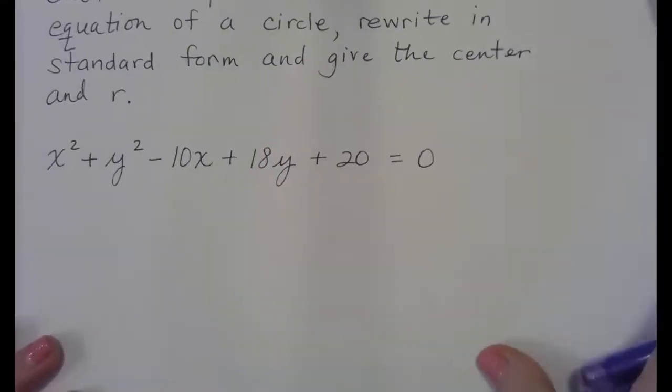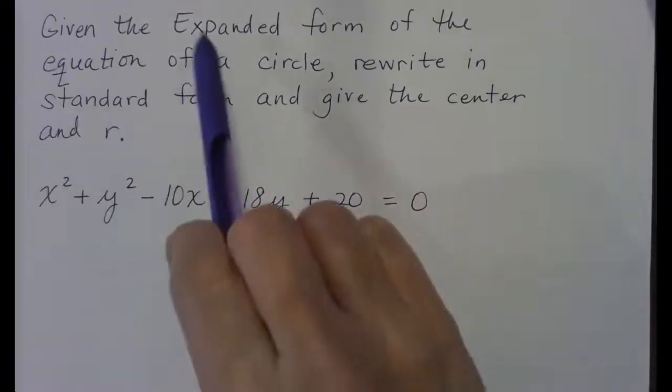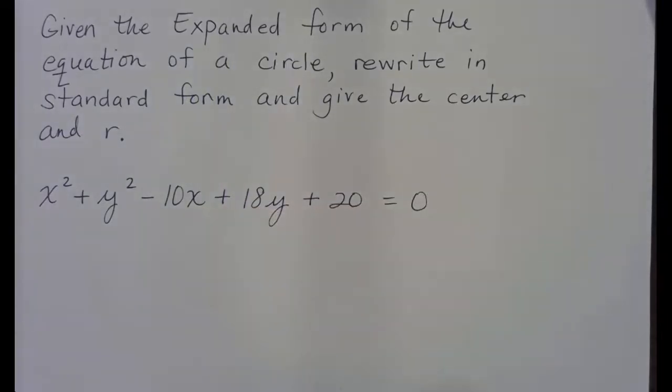The next thing that we will see in this particular section is we may be given the expanded form of the equation of a circle, and we are to rewrite it in standard form and give the center and the radius.